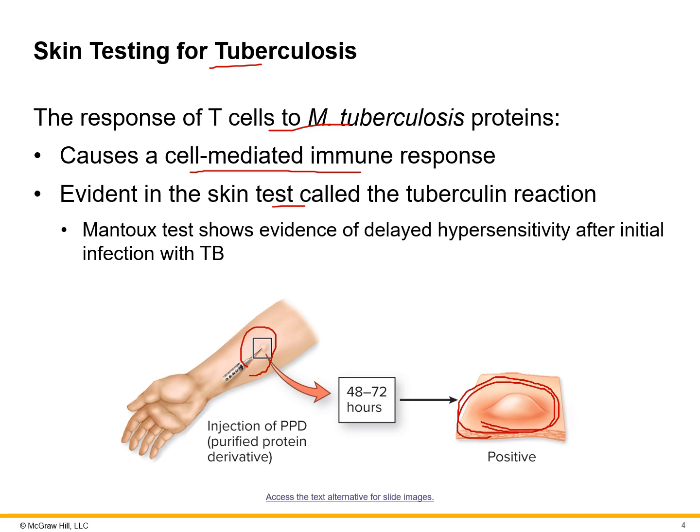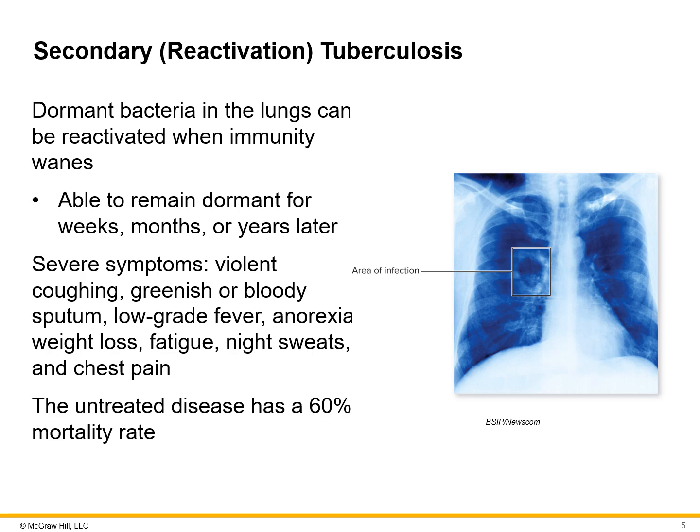Now, the reason that's important is because secondary tuberculosis can occur. Individuals who have had tuberculosis, oftentimes because of those granulomas, it never completely goes away. And so it can lead to this secondary reactivation where those dormant bacteria in the lungs actually get reactivated, especially as the immunity wanes or if they get some other infection.